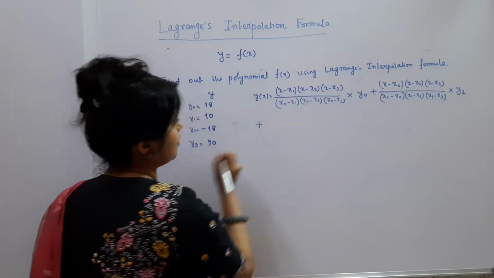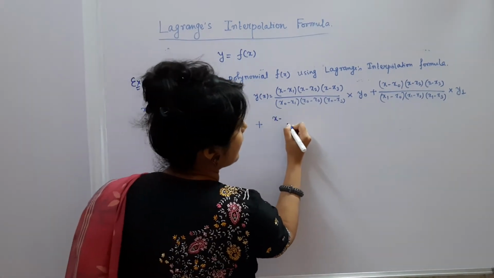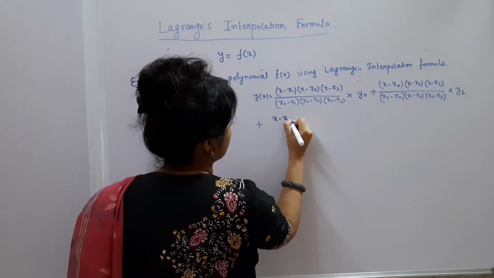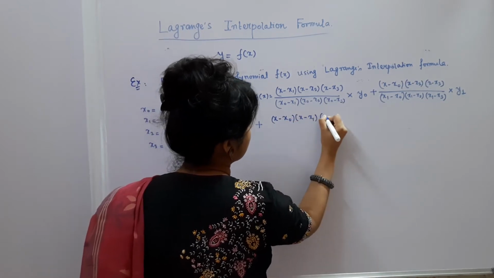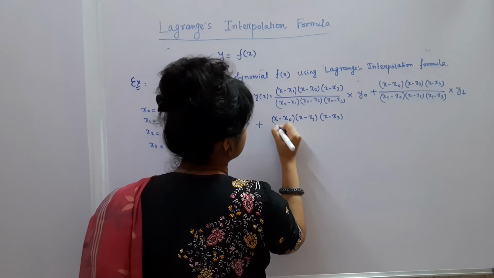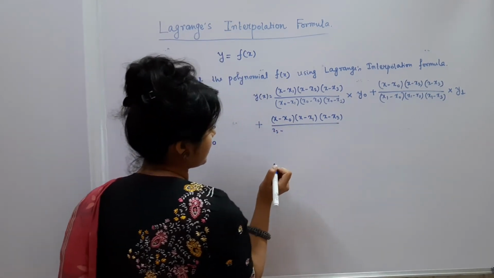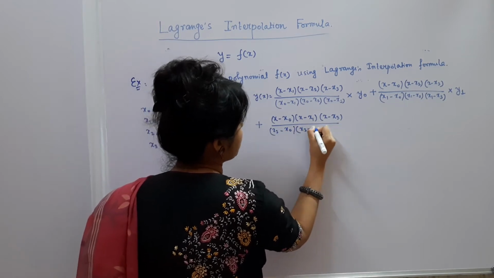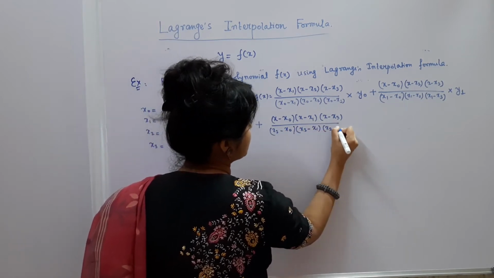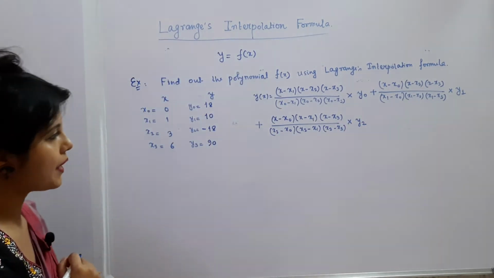Now, the third term will be like that, that is x minus x0, the term x minus x2 will be missing, x minus x1, x minus x3 and in the denominator all the terms will be subtracted from x2. So, x2 minus x0, x2 minus x1 and x2 minus x3, multiplied by y2.